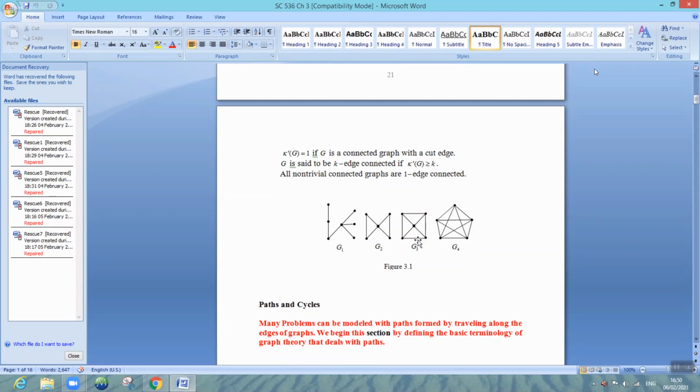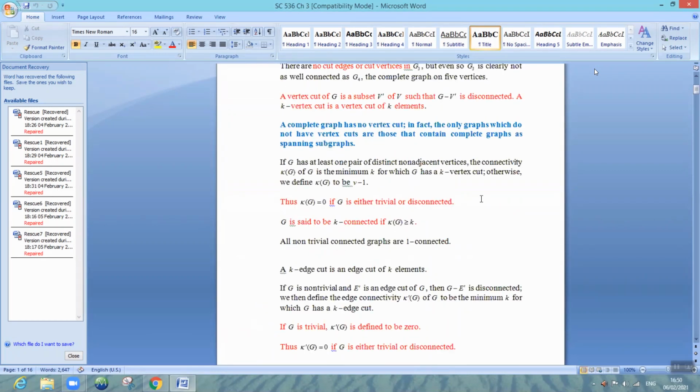But here, this vertex and this vertex are not connected, and this and this are not connected. That means the end vertices of the diagonals are not connected. Therefore, you can disconnect by removing three vertices. But the last one, you can't disconnect by removing any number of vertices.